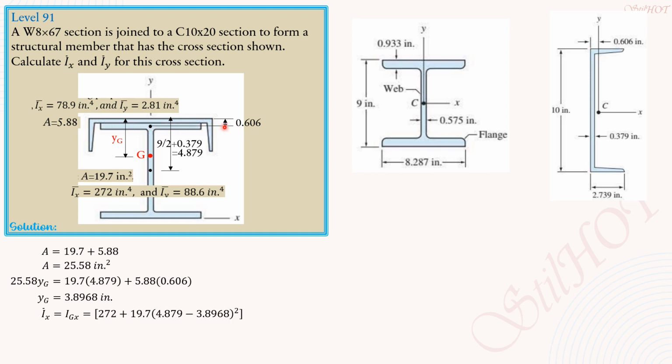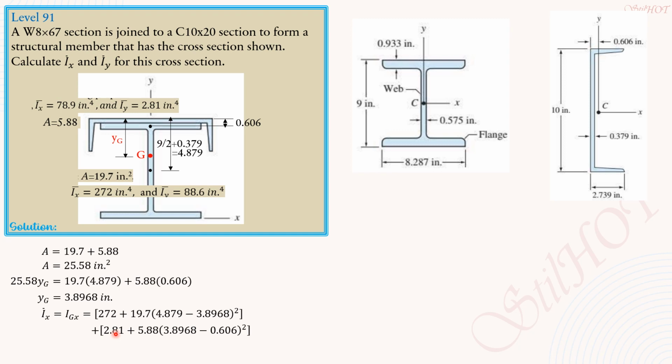The distance between the centroid and this G here is YG minus 0.606 inch. So plus 2.81 plus 5.88, quantity YG 3.8968 minus 0.606, quantity squared. So this distance is squared.